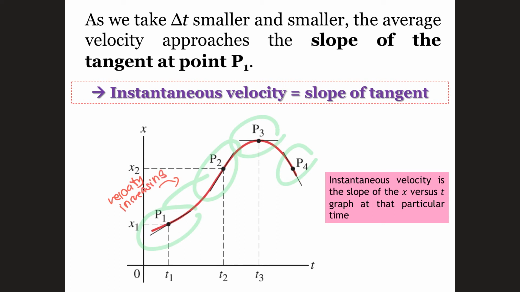However, when the object approaches P3, the slope begins to decrease, which means that at this particular point the velocity is going to be 0.